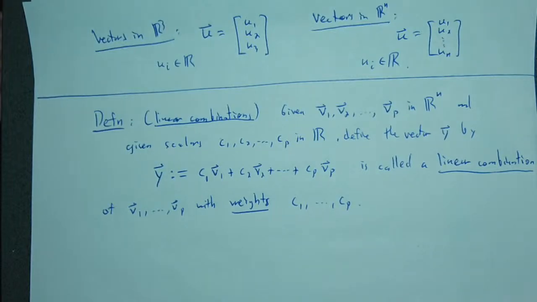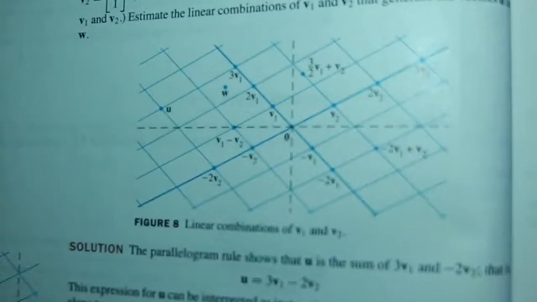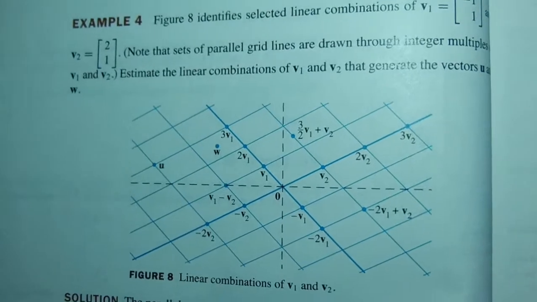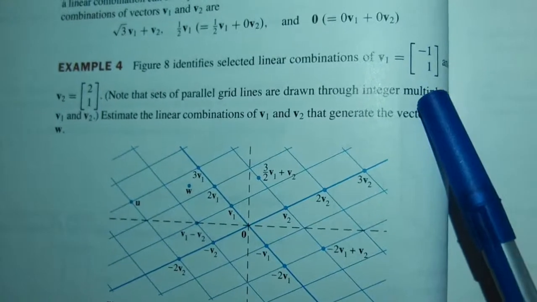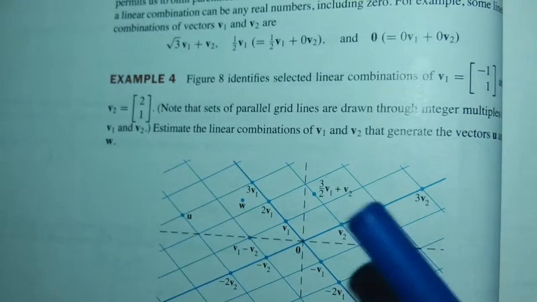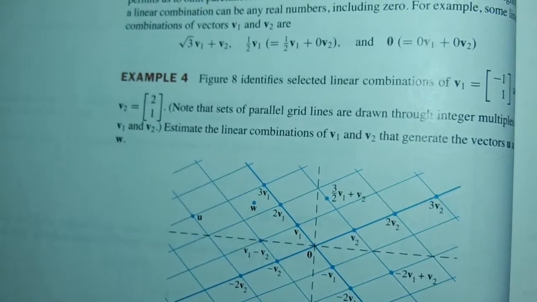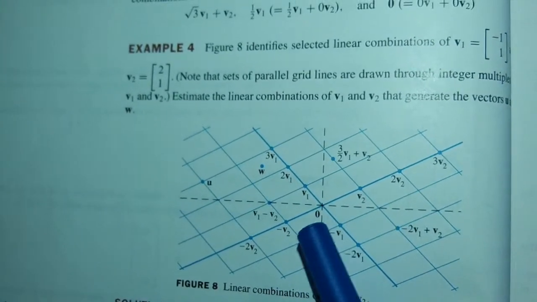Then, seeing what the geometric picture is, let me bring this a little bit closer. Imagine taking vectors, for instance vector v sub 1, which is minus 1, 1, and v sub 2, which is 2, 1, and then looking at the linear combinations as scalars go over all the reals. What is the picture you get here?